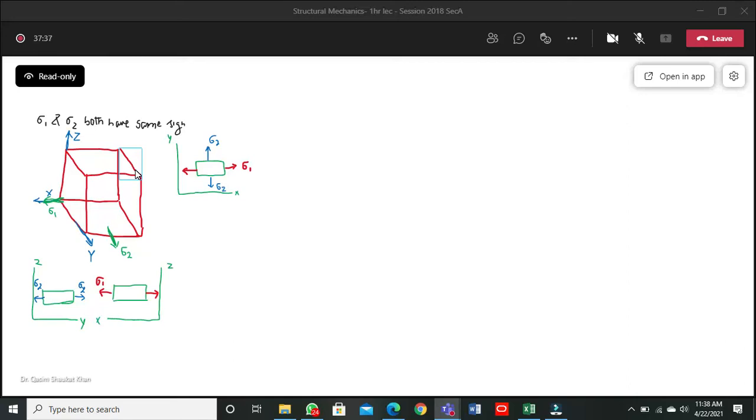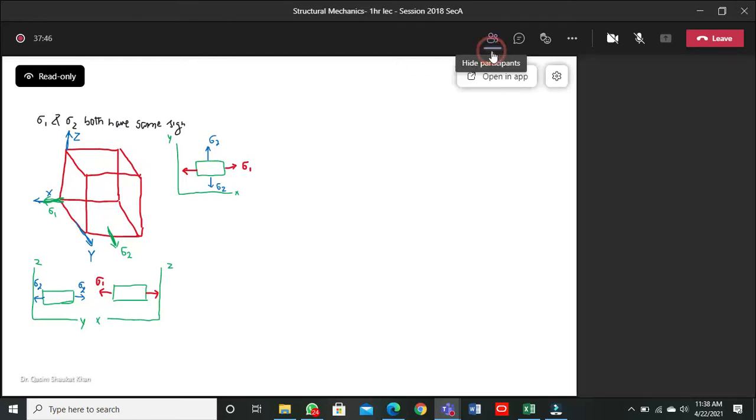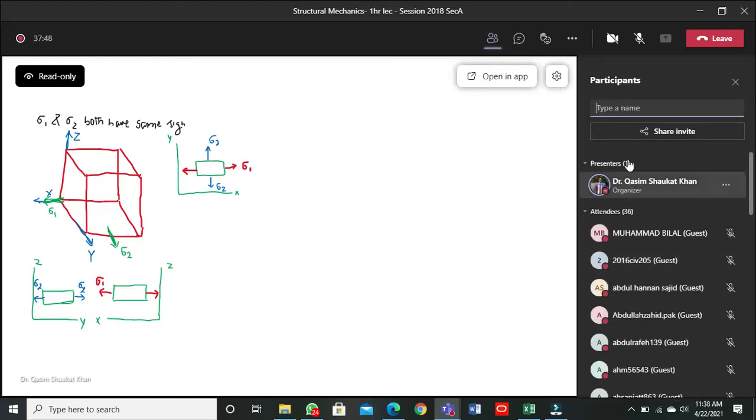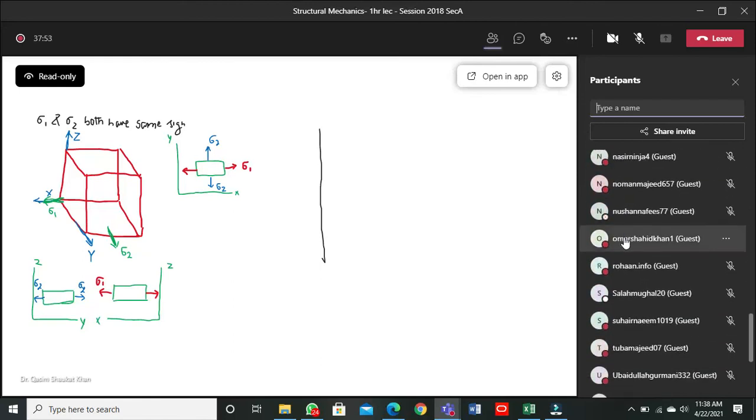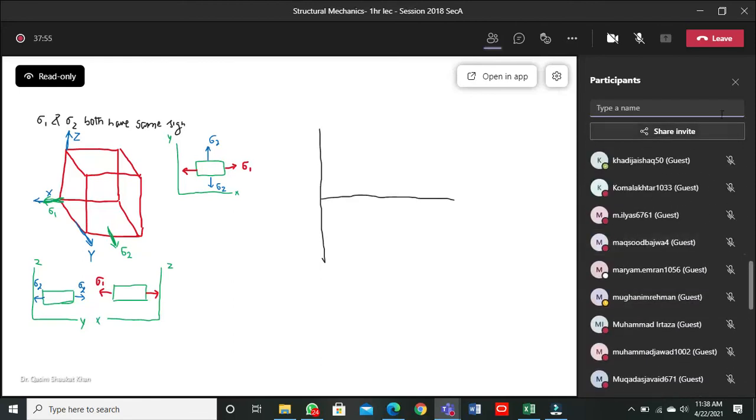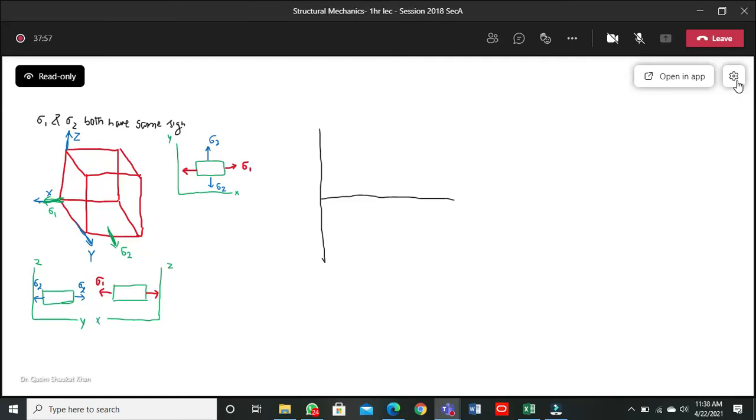Fine. Now I will draw the Mohr circle corresponding to these three. So this is my shear stress axis, and this is my normal stress.